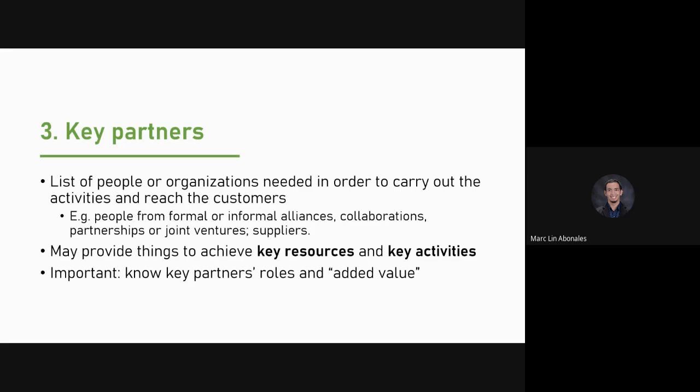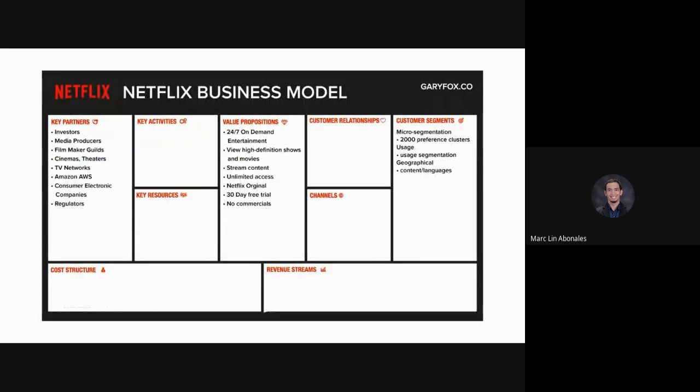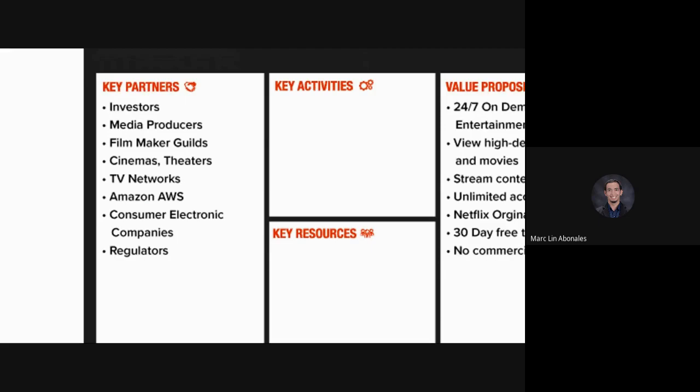For the key partners of Netflix, since we're talking about TV series and movies, these are the key partners if ever you build a Netflix or this kind of business. We have the investors, media producers, filmmaker guilds, cinemas, theaters, TV networks, Amazon, consumer electronic companies, and regulators. Like what I mentioned earlier, some producers, movie producers and TV series producers, sometimes don't show their series or movie on TV.